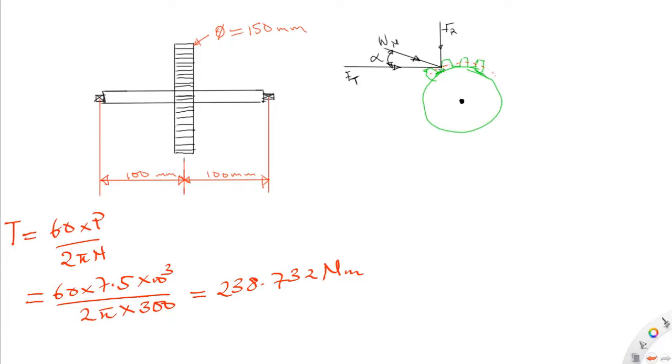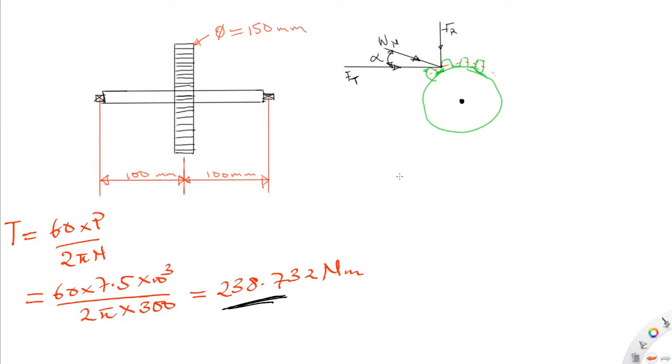We can only do that if we're able to obtain the Ft, which is the tangential load in the system. All right. So first of all, we know that it is this tangential load that produced the torque in the system. So if the tangential load produced the torque in the system, we already have our torque here. All right. So if we have the torque, then we can determine the Ft using the formula.